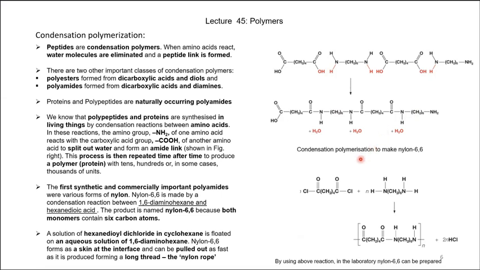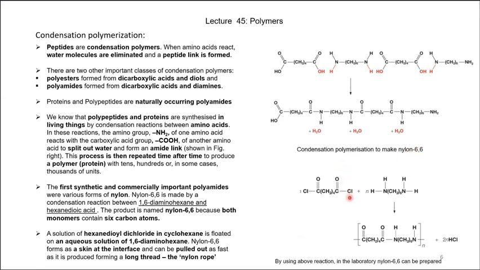It is also known as nylon 6,6, because you see there are 6 carbon atoms in this. There are 6 carbon atoms, and therefore the polymerization we get is called condensation polymerization, and we got nylon 6,6.